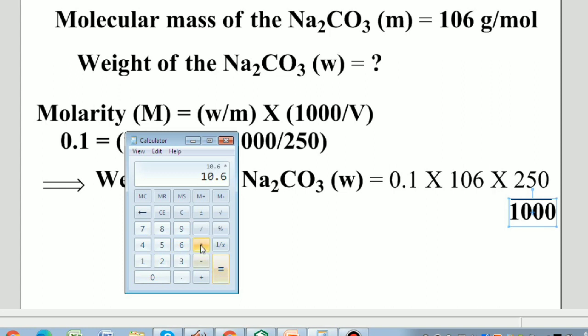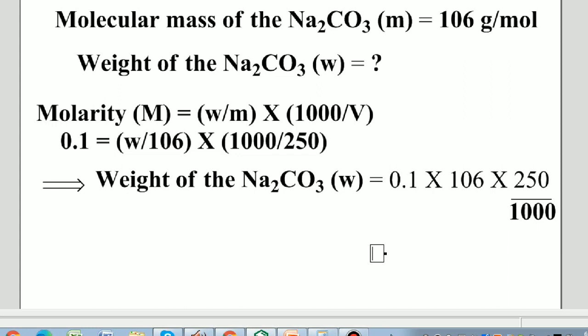This multiplied with 250 gives 2650, divided by 1000 gives 2.65 grams. Therefore the weight of Na2CO3 is equal to 2.65 grams, which is the desired weight of the solute.